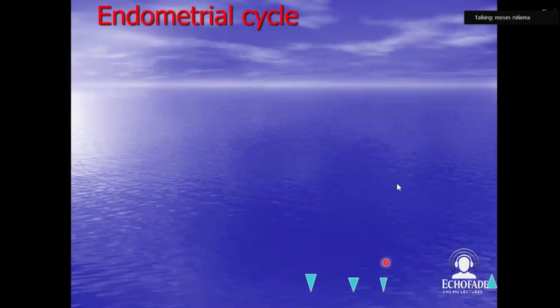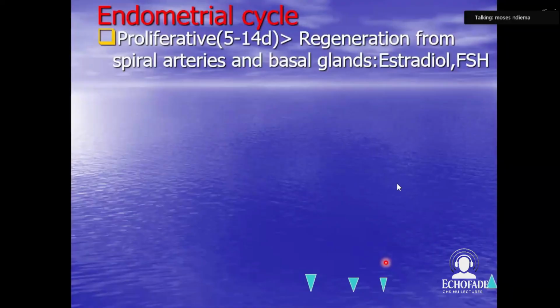So let's look at the endometrial cycle. The endometrial cycle is broken down into several stages. We have the actual shedding of blood, what you call menstruation. It's not just blood, it's blood with all the desquamated tissues.